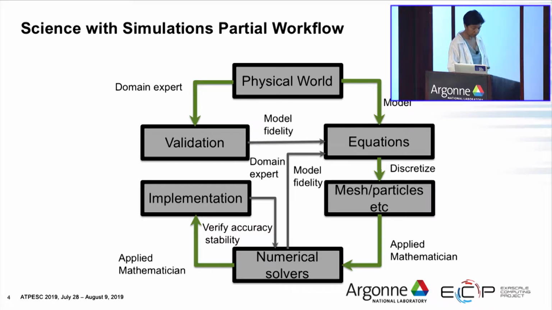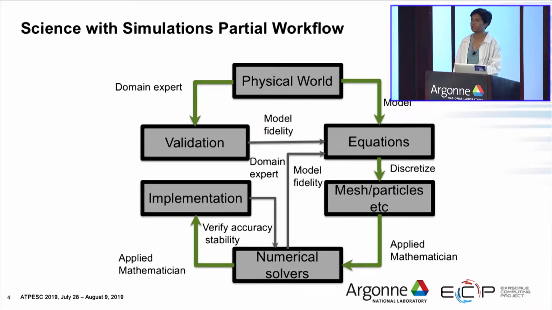I don't know if the mapping of expertise was there in the earlier presentation of this, but this is the expertise one needs. There is a domain expert, a science domain expert, involved in transforming the physical world to the model. There are the mathematician and the domain experts that work together to do the discretization, applied mathematicians, and here it doesn't mean that it has to be a distinct person from the domain scientist.